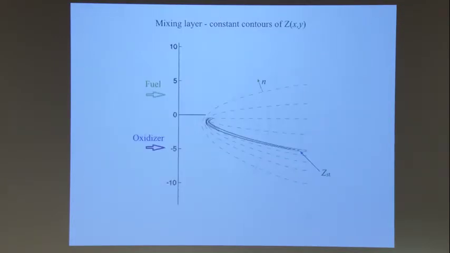And so if you have, for example, a mixing layer, fuel coming from here, oxidizer coming from here, these were numerically calculated lines of constant Z, okay? Now, for a given situation, let's say Z stoichiometric is some value, so it's one of those Z. So this will be the Z stoichiometric. In other words, for the case I plotted here, this is where the reaction sheet is represented.